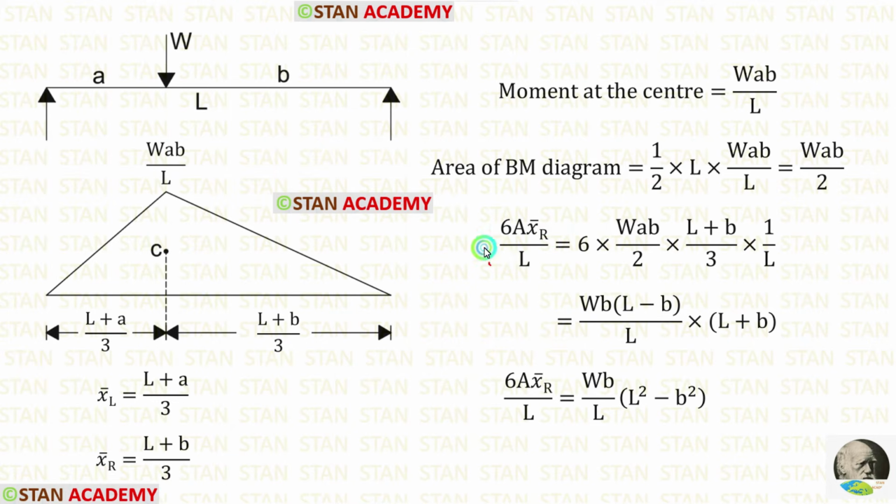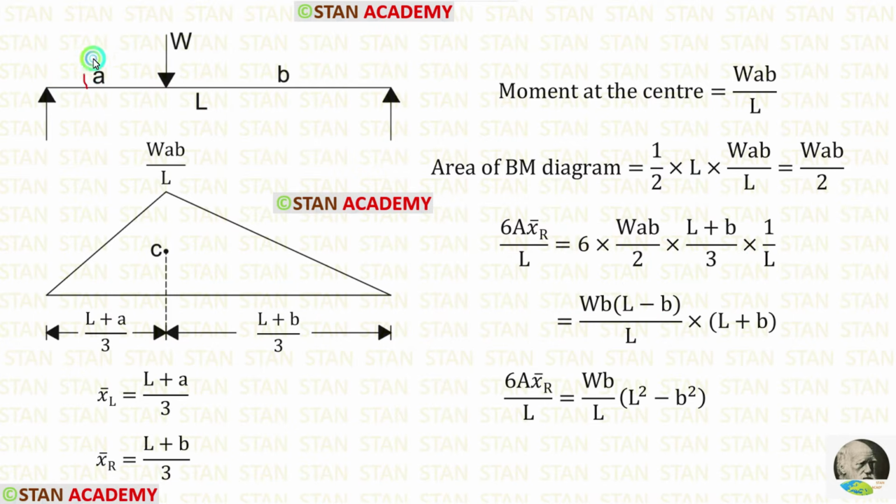Now, let us find 6A x bar right upon L. The area is same, but the centroid distance is different. Now, we have to take the centroid distance on the right side, that is L plus B by 3. Let us apply the centroid value in the formula.